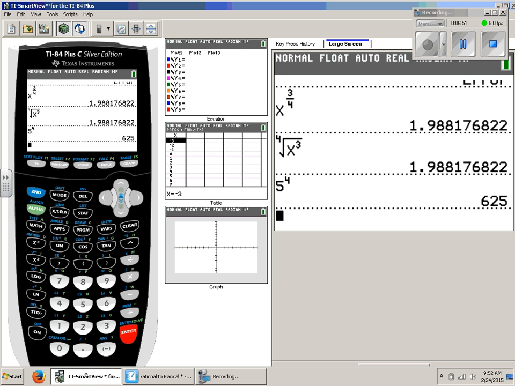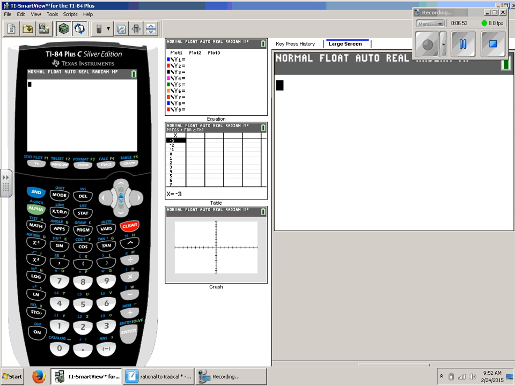So we're going to store a number for x. It's 2.5. Store for x. I'm going to store 3.5 for y.